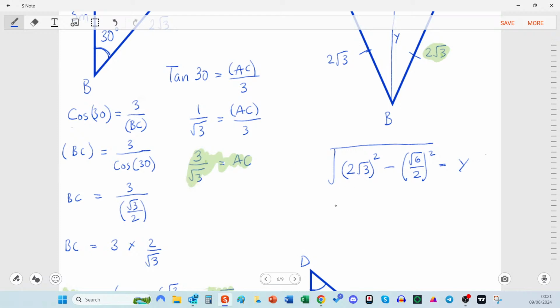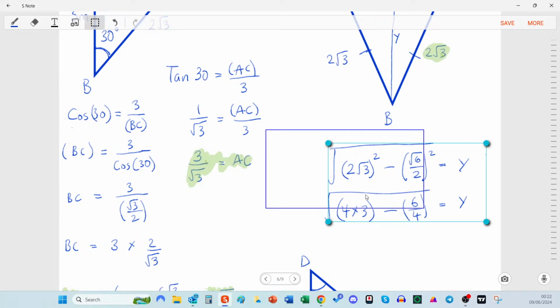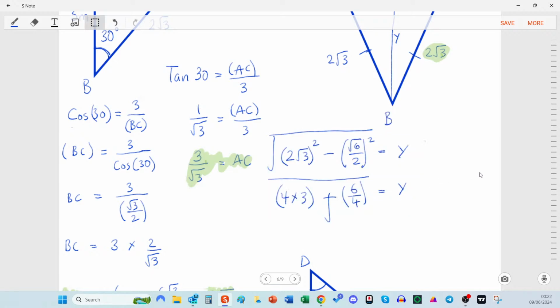Love this exact value stuff, right? Square the 2 is 4. Square the root 3 and square the 2 is just 3. Just turns into that. And over here we square the square root, so it's just 6 over 4. We're running out of space. Let's give ourselves some, I hope, because we have yet to do the calculation for the area.